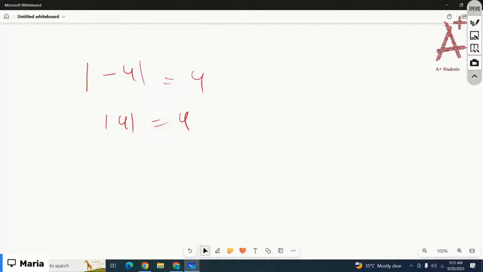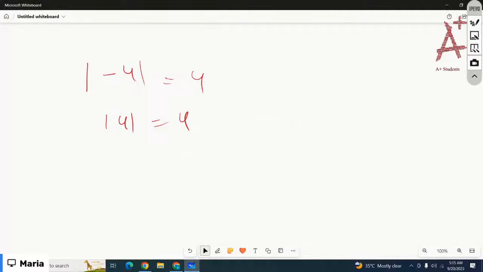And the other one is opposite values. So opposite values are exactly the same values with the opposite sign, right? You can say the same value on the opposite side of the 0, right?